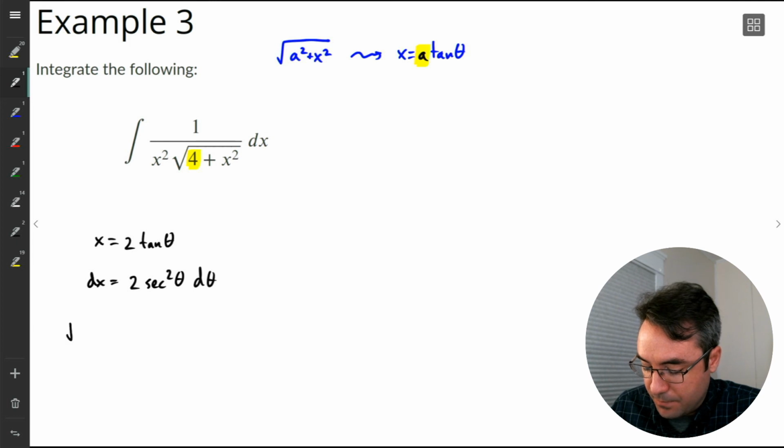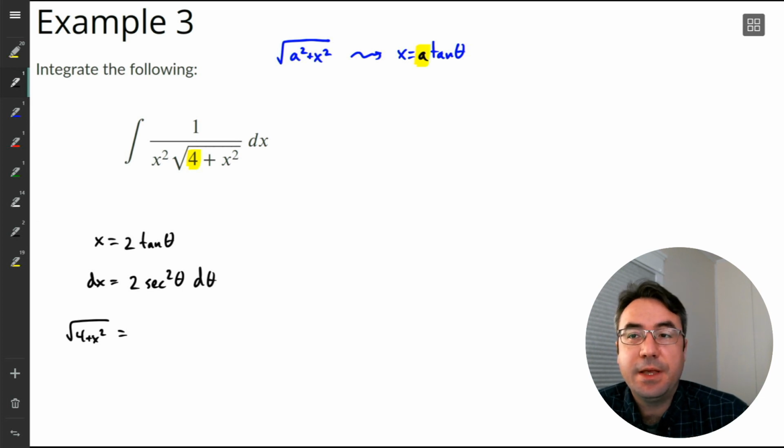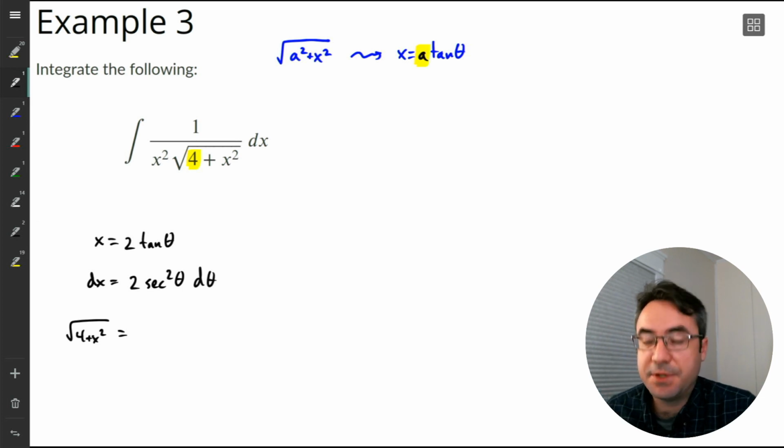And then we also can know what our square root term is going to be. It's just going to become the opposite of whatever this trig function is. And when I say opposite, I mean opposite in relation to our usual trig identity.